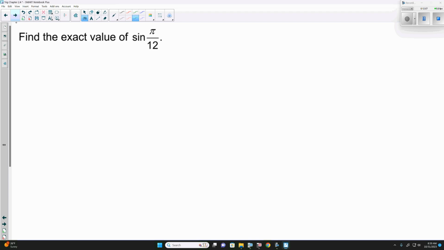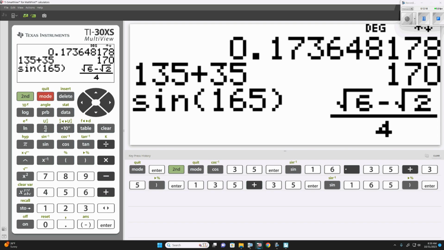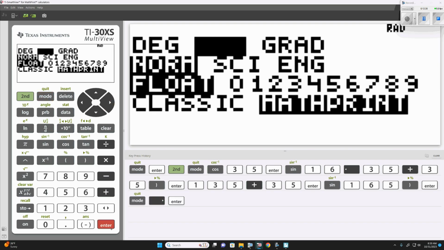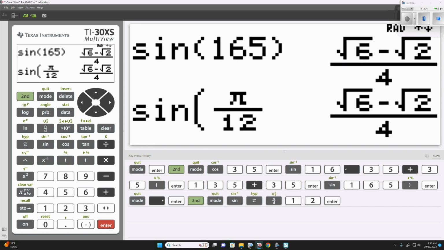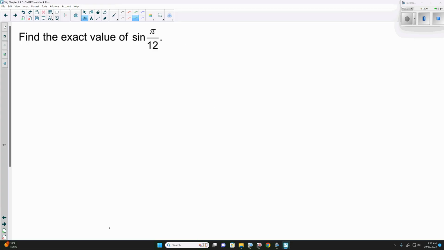Find the exact value of sine of pi over 12. Now, I have a feeling, if we wanted to, radians. Sine of pi over 12 is square root of 6 minus square root of 2 over 4. Now, let's actually use the sum or difference formula.